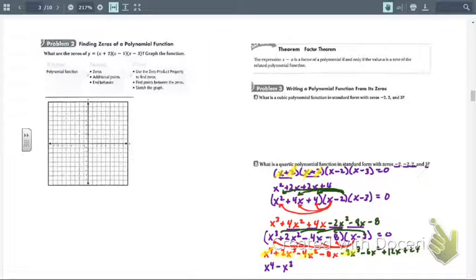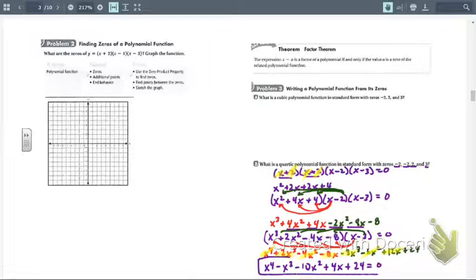We have a negative 4x squared and a negative 6x squared, so it's going to be a negative 10x squared. We have a negative 8x and a positive 12x, so it's going to be 4x. And then plus 24 equals 0.